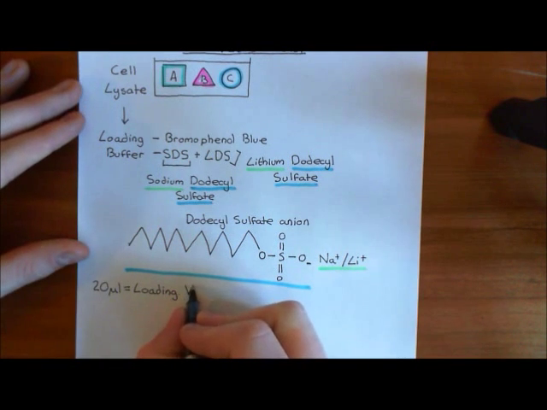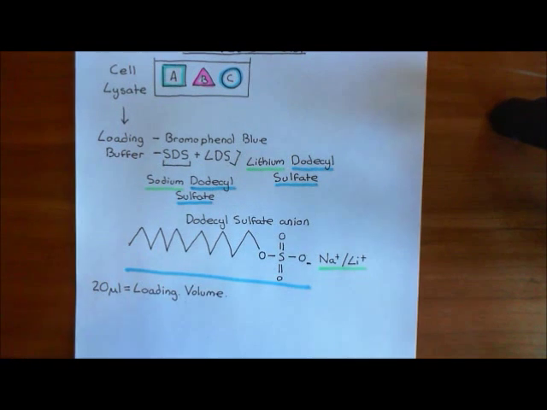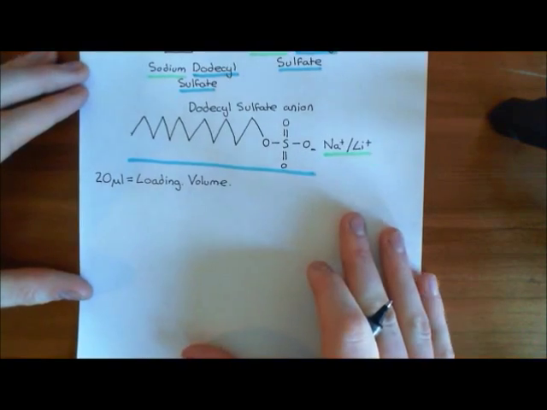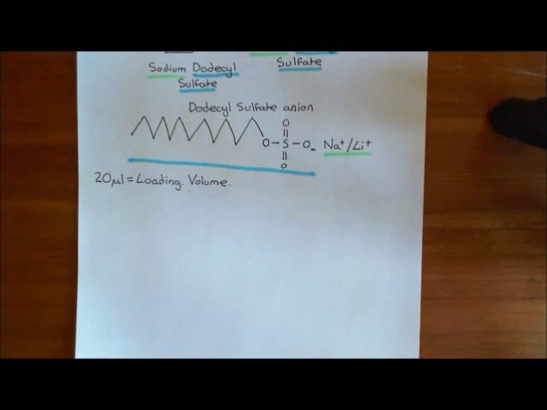You need that to have a volume of 20 microliters, because when you stick your sample into the little wells in the gel, which we'll come to in a moment, the well will only accommodate around 20 microliters. Okay, so we want to produce samples which have got a volume of 20 microliters.